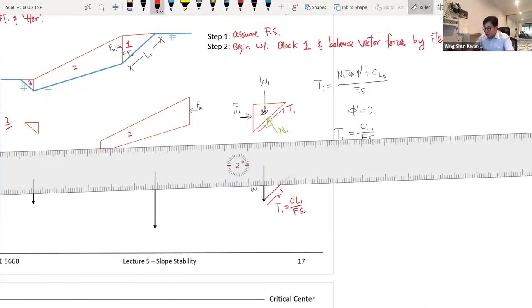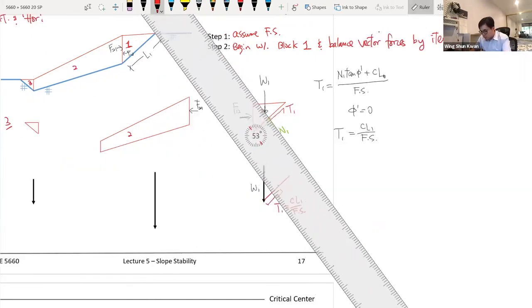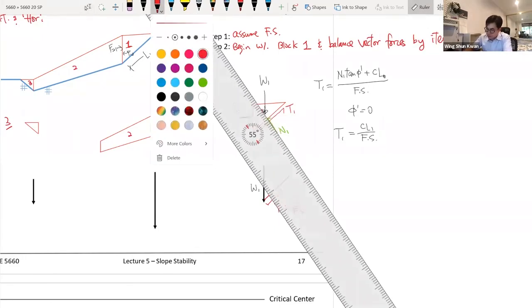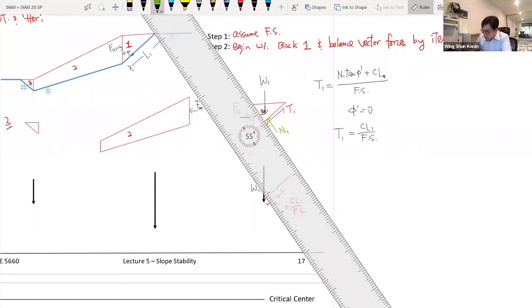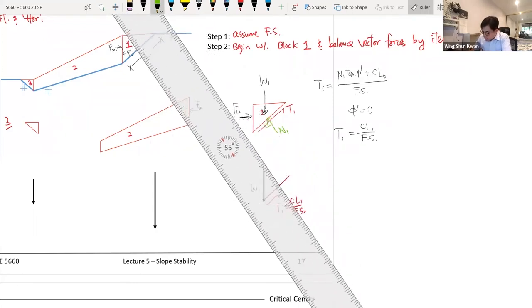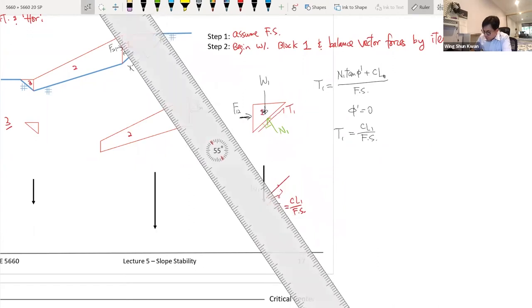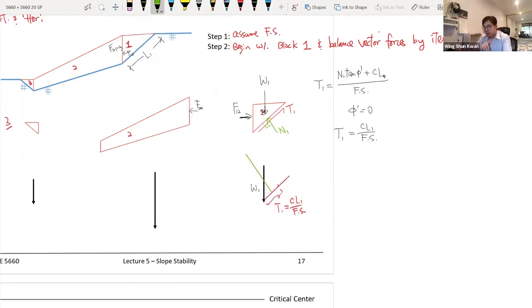And now you also know the orientation of N1. You start from there. I just move it here to make my life easier. So this is the direction, or the orientation, of N1. This is where N1 is pointing to. You don't necessarily know N1 because you don't know its magnitude.